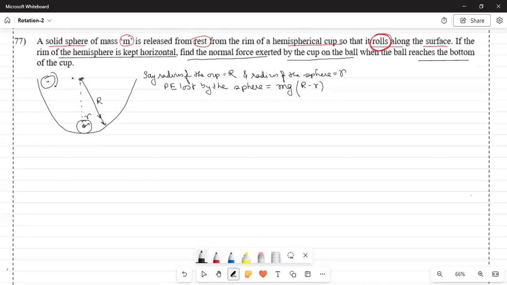So the fall has happened from here to here, which is capital R minus small r. So this is the potential energy lost. This will be equal to the kinetic energy at the bottom.